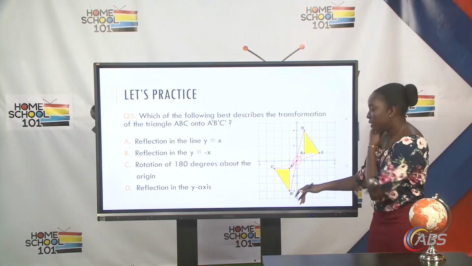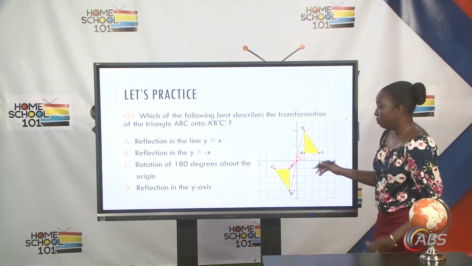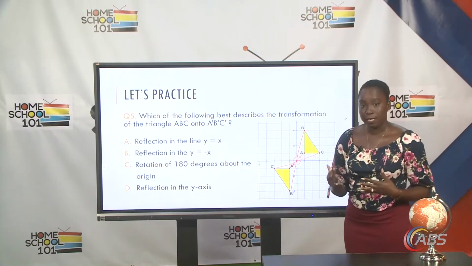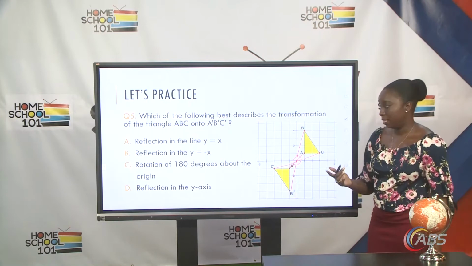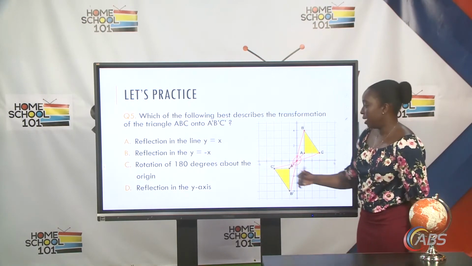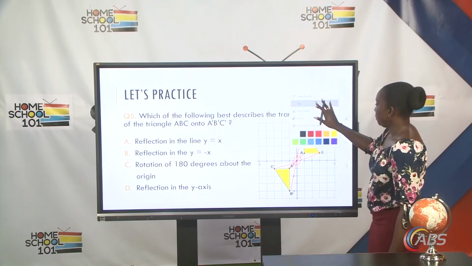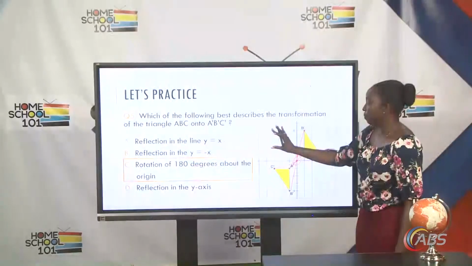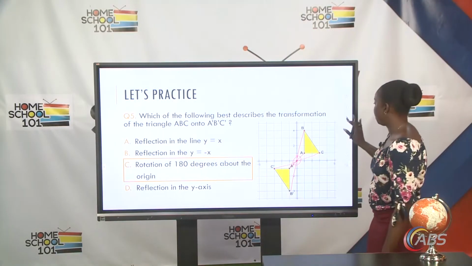So we also notice if we were to measure from C to C prime, that we get a straight line, and we also know that a straight line is 180 degrees. And so our answer here would be C, okay? This wouldn't have been a reflection in the y-axis, because based on where the object is, if it were a reflection, it would end up being in quadrant 2.